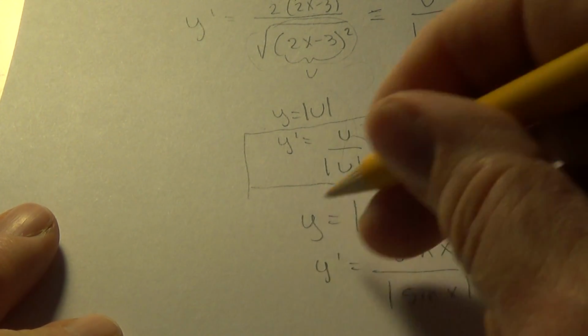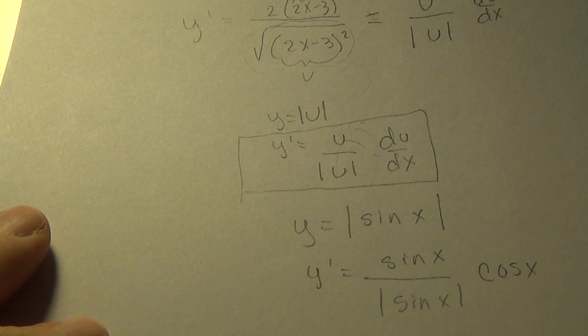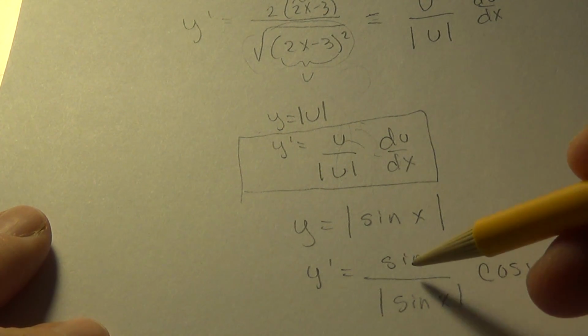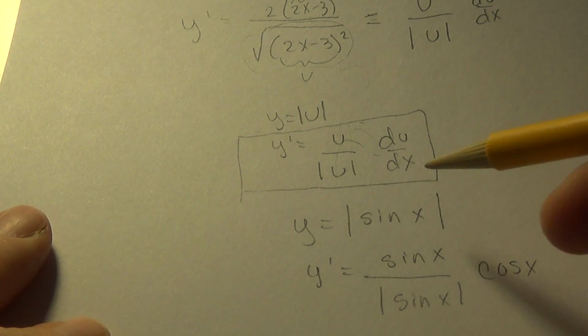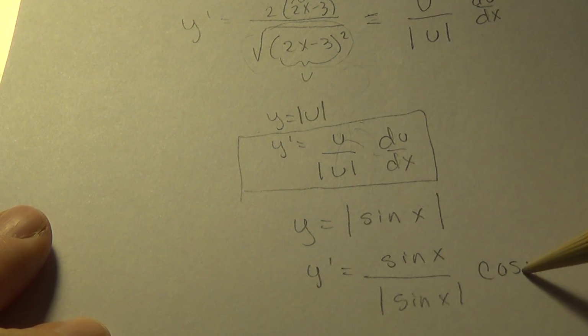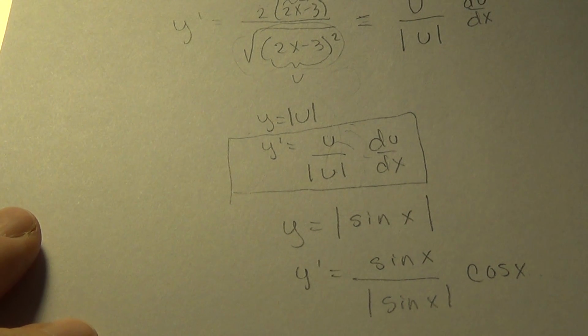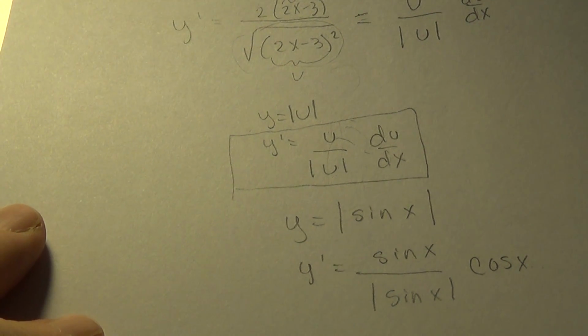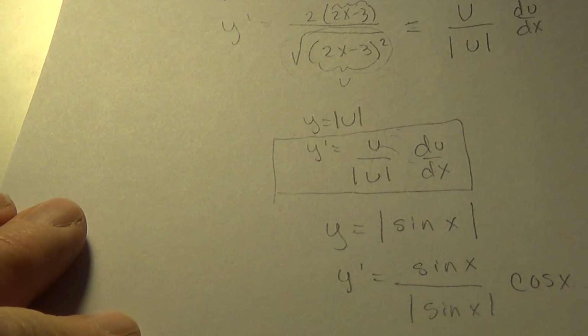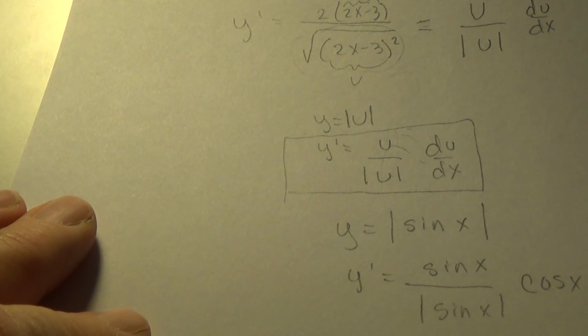And that's your answer. So you can see when sine is positive, this is just cosine x. When sine is negative, this will be a -1, and that'll be negative cosine x. Let's see why that actually makes some sense.